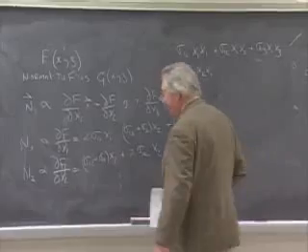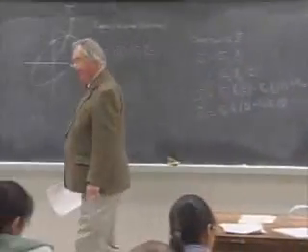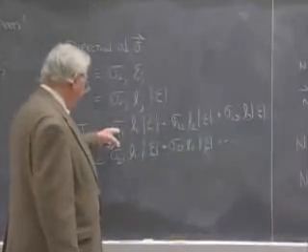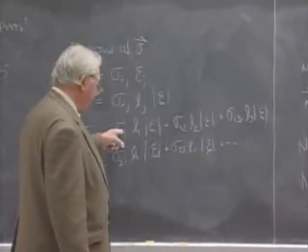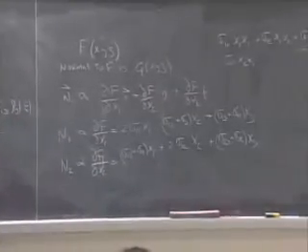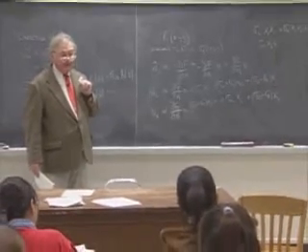And similarly for n3. Okay, I've made my case if I can demonstrate that each component of n sub i is proportional to each component of the gradient of the function that defines the quadric.